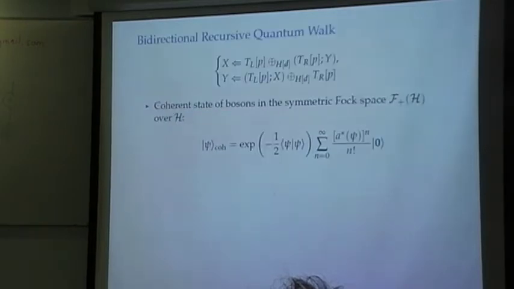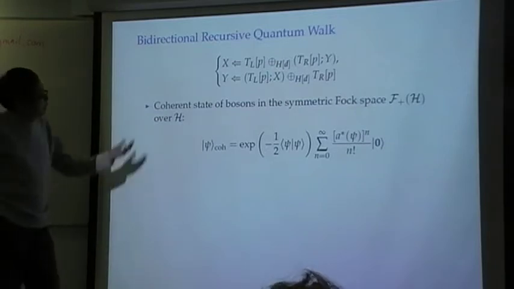Now, again, we see an example. This example is a little bit a modification of the previous example. We have this bidirectional recursive quantum walk.